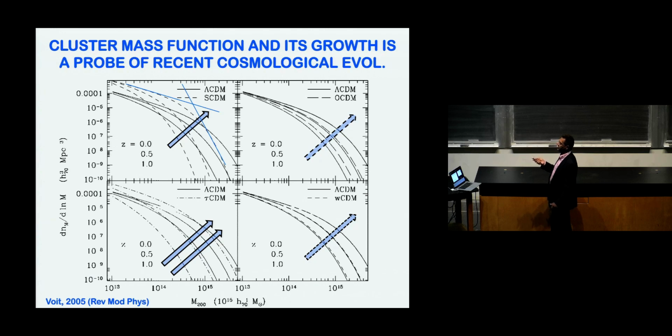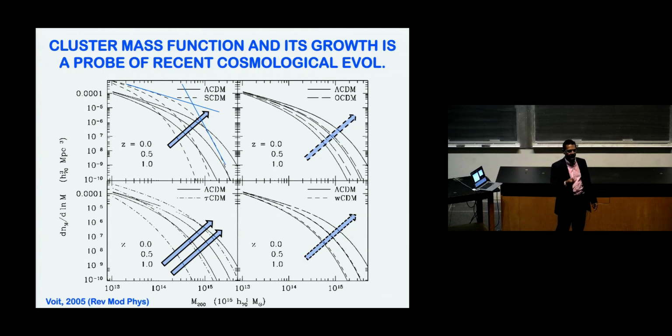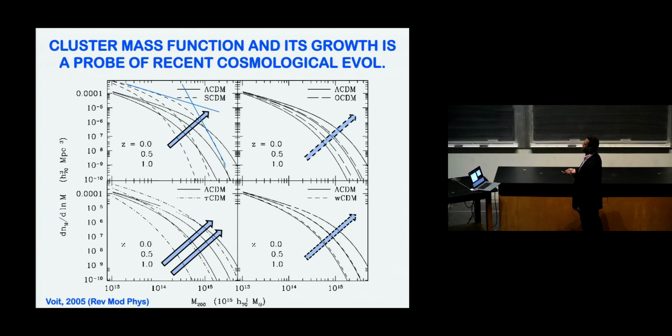The other model is the one I talked about earlier, that when I was a graduate student, this was the theorist's favorite model. It's the standard cold dark matter model where it's a flat universe, but most of the energy density in the universe is in the form of dark matter. And you can see that that has a slightly different shape, changes with time somewhat differently, and has a different normalization. There are more clusters of low mass in that particular universe.